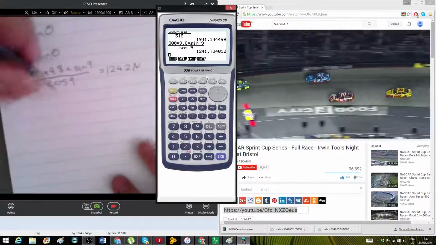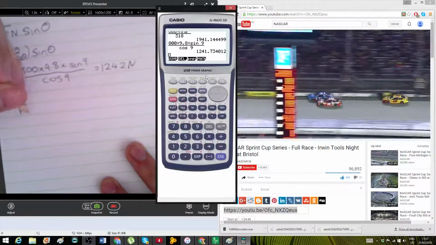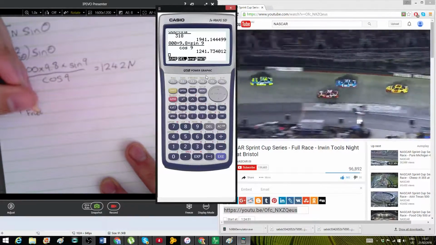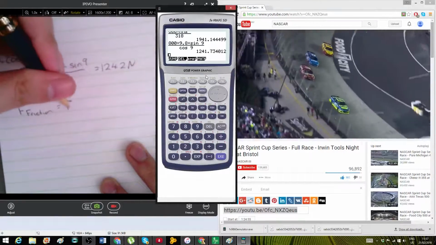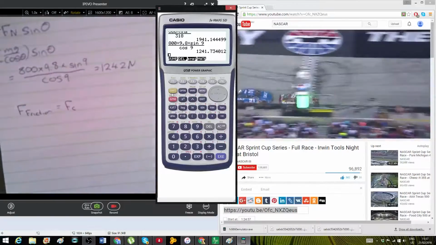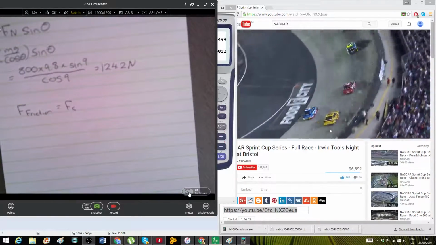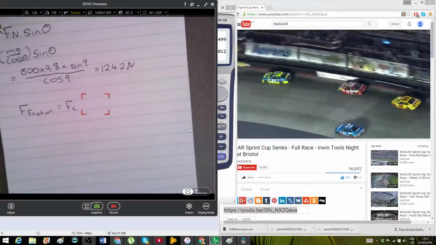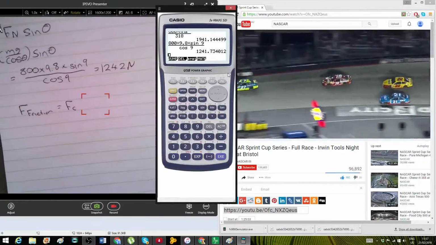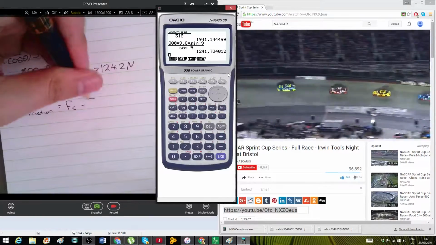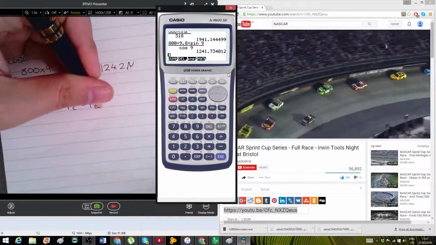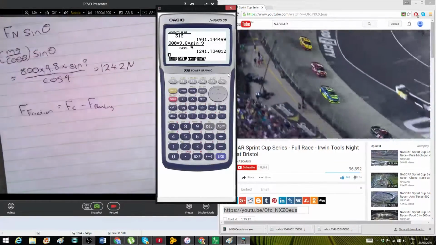So the force of friction. Upon rearranging that equation, this is your total centrifugal force, minus what you get out of the banking, which I called Fn sine theta.